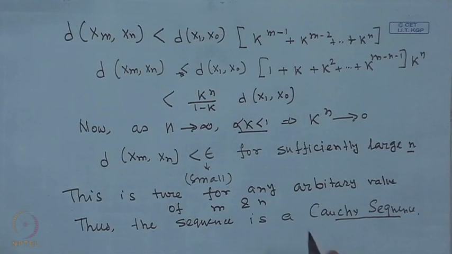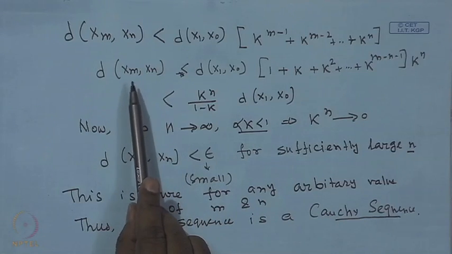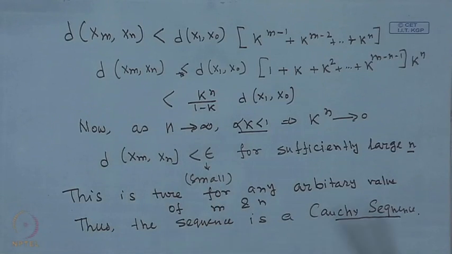Since it is a Cauchy sequence, the sequence is a converging sequence and it will be converging to a point, and that point is a fixed point.